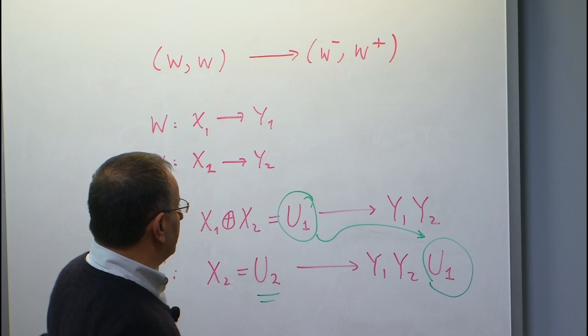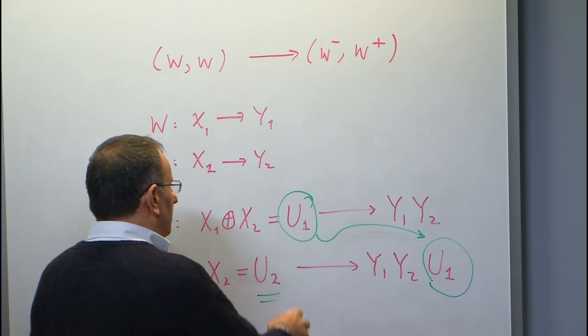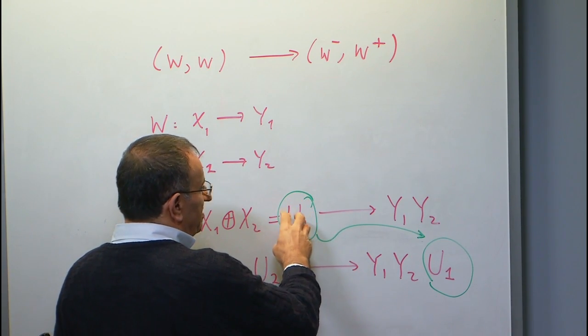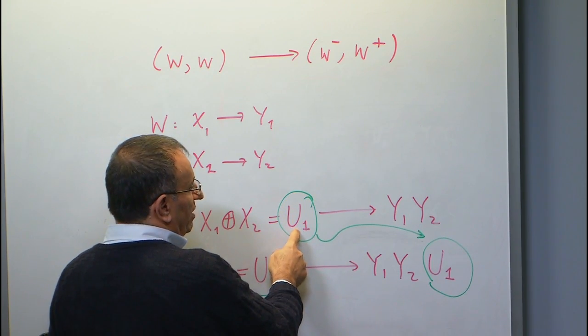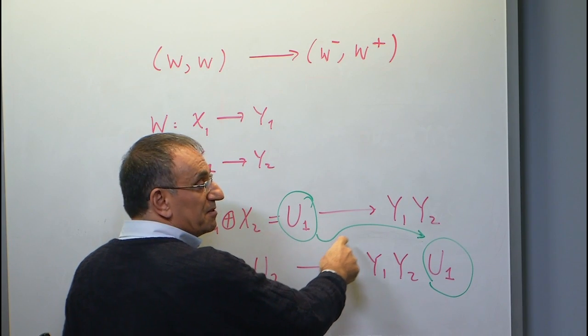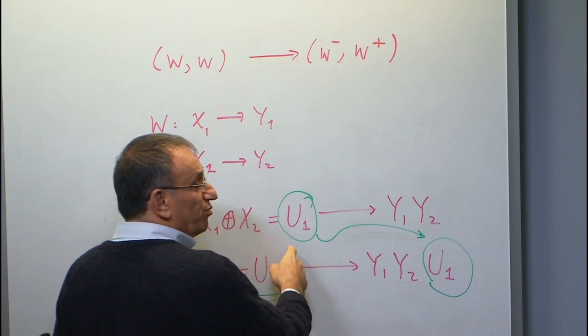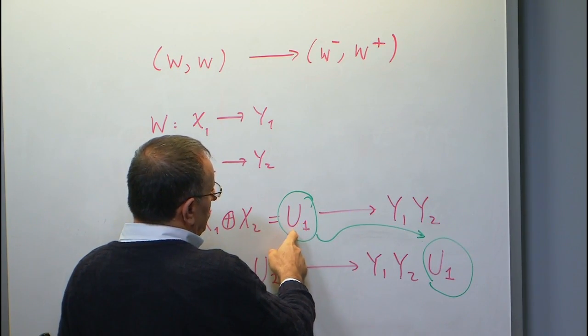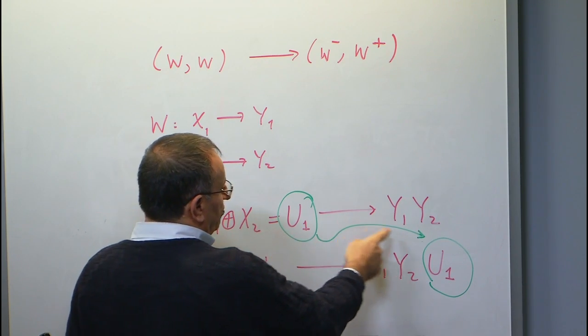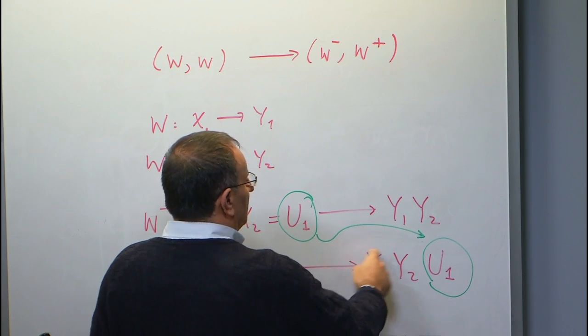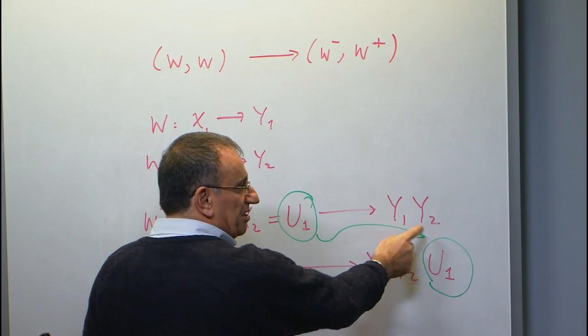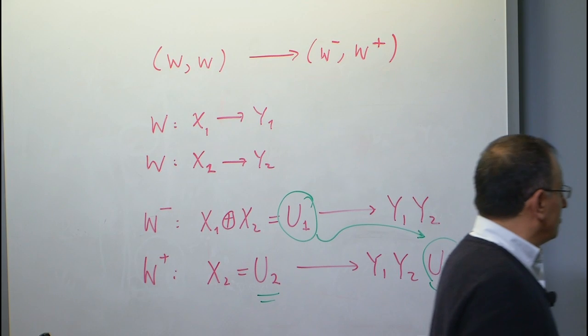But as we said last time, polarization will help us. Since we will only send this U1 over channels whose capacity is near 1, the probability of making a decision error will be so small that essentially we don't need the help of a genie. Okay, so that's the idea.